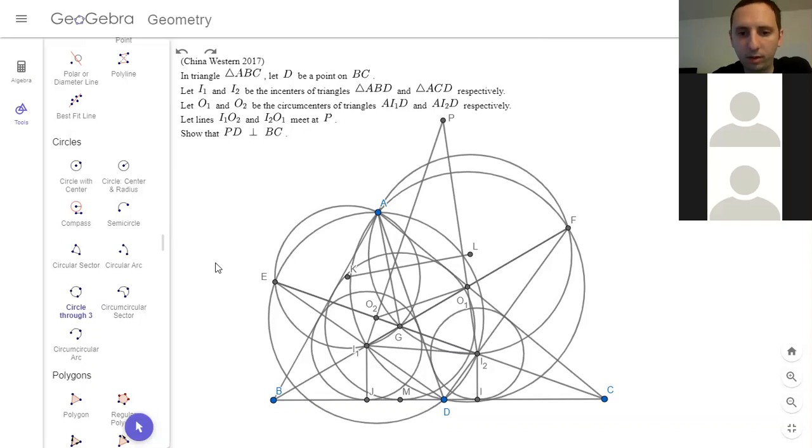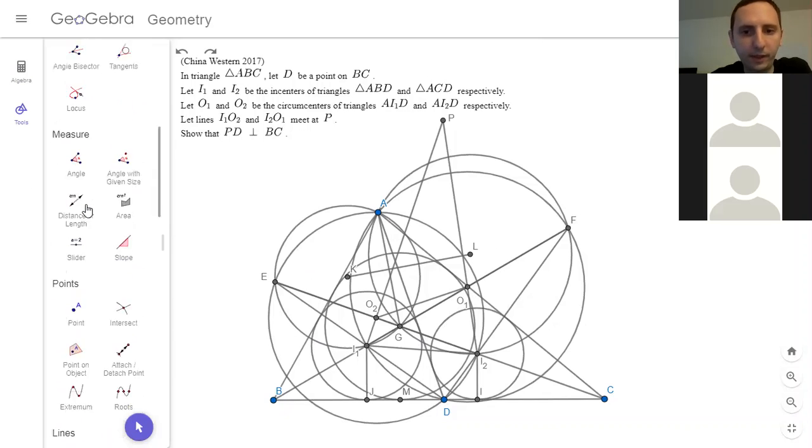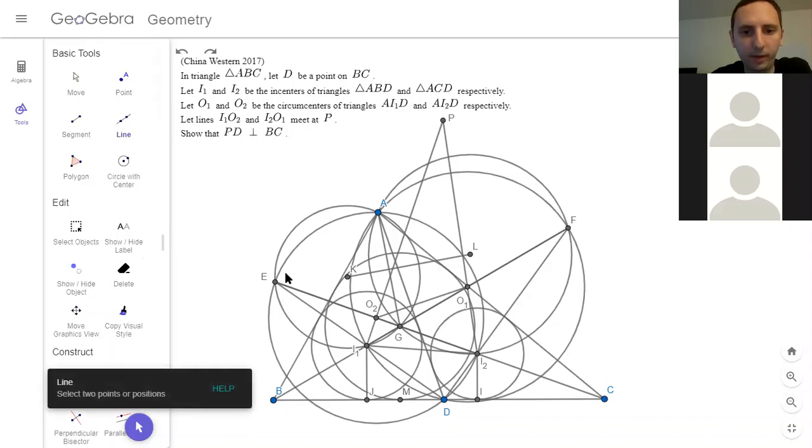Yeah. Okay, so because O2 is the midpoint of I2E and O1 is the midpoint of I1F. And then, yeah, so we kind of see where EF meets I1I2, maybe.